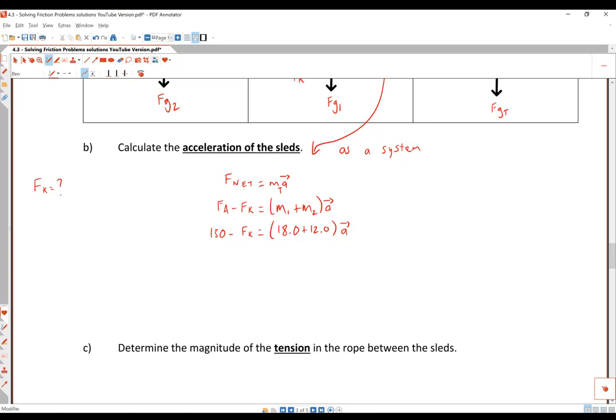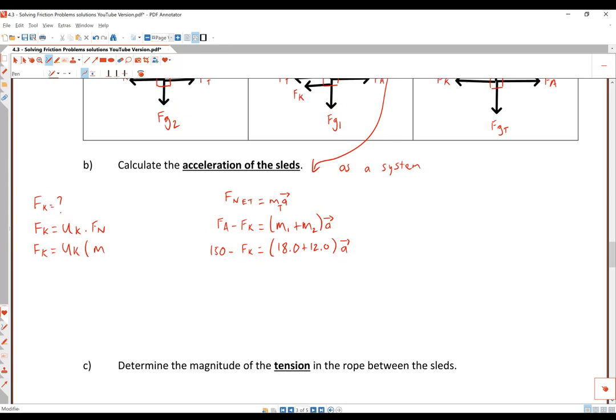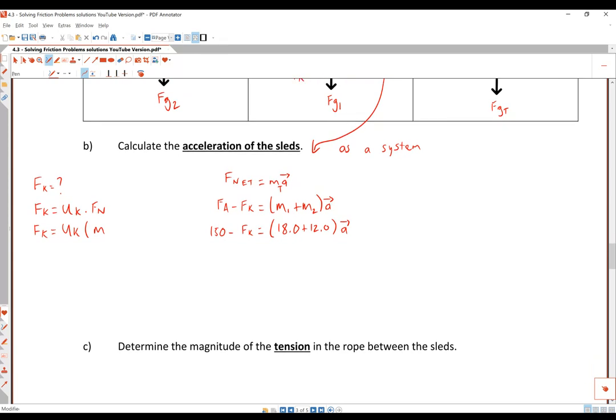Now, the thing that we're missing over here is kinetic friction. So in order to calculate kinetic friction, it's going to be mu k times normal force. And we know that normal force is equal to mass times gravity. Now, over here, because we're doing it as a system, you have to combine mass 1 plus mass 2. You're not just going to do it for one specific sled, you're going to do it for both of them combined.